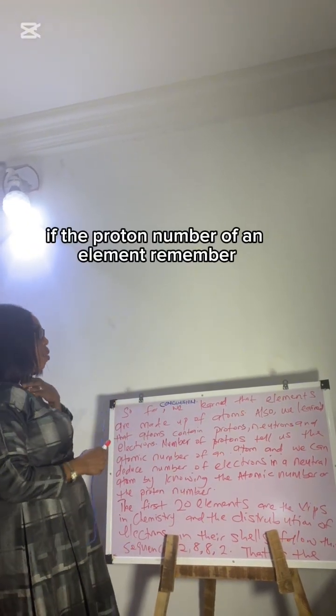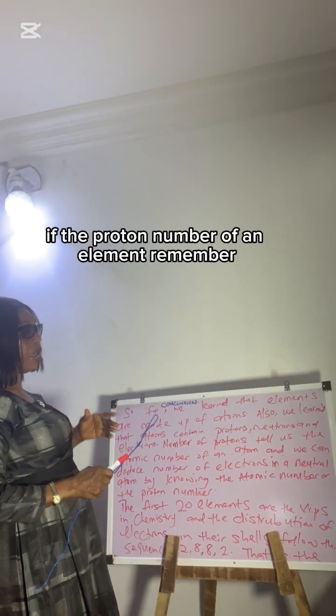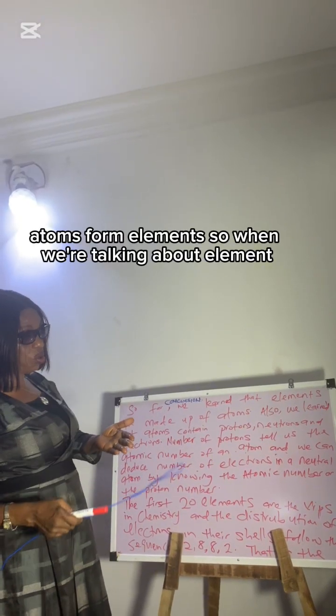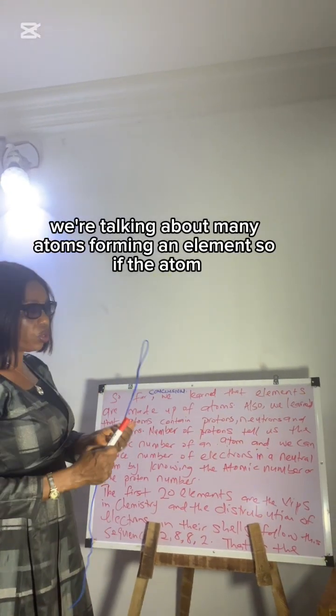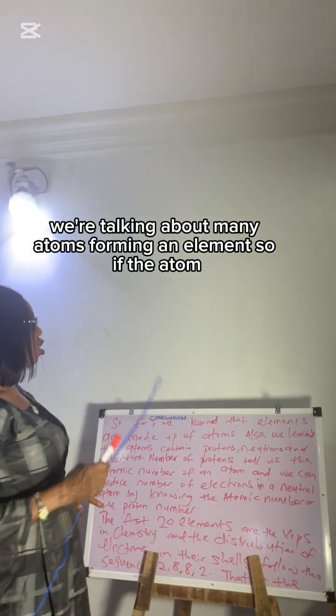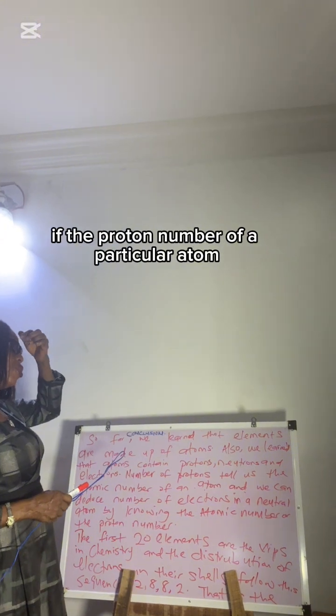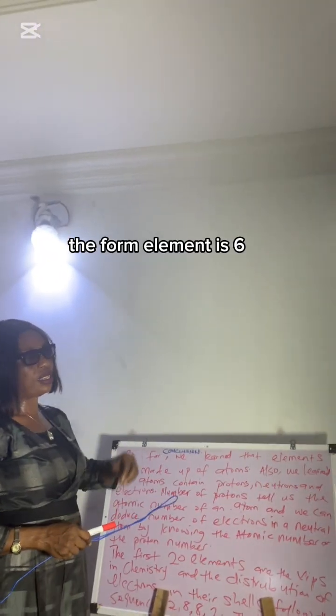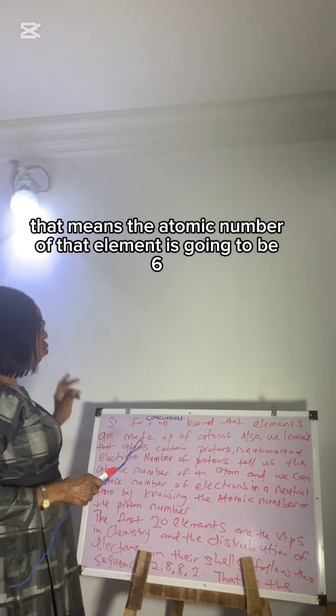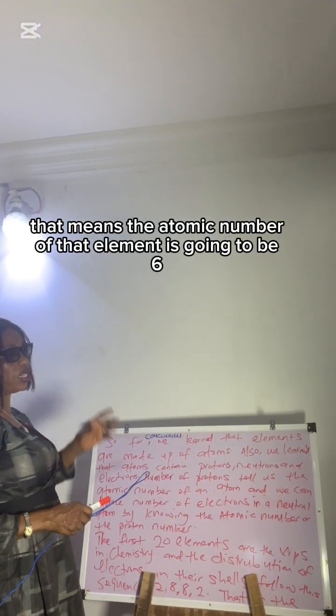Remember, atoms form elements, so when we're talking about an element, we're just talking about many atoms forming an element. So if the proton number of a particular atom that forms an element is 6, that means the atomic number of that element is going to be 6.